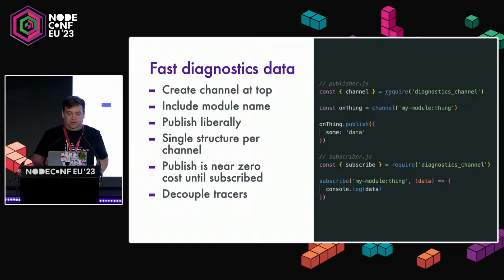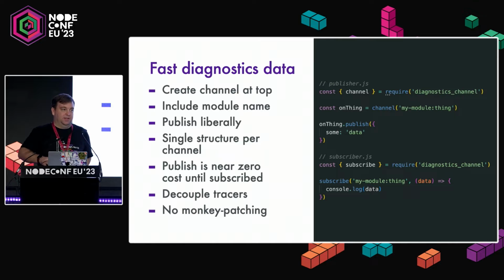But you don't need to do that. Just publish events, and using Diagnostics Channel events allows us to eliminate monkey patching. For a long time, APMs were heavily built around the idea that we would just patch everything in the environment.